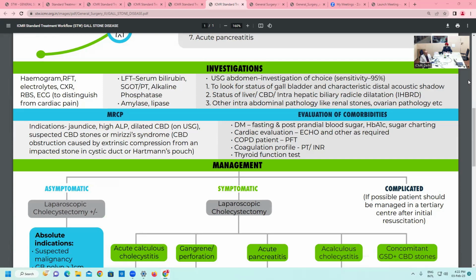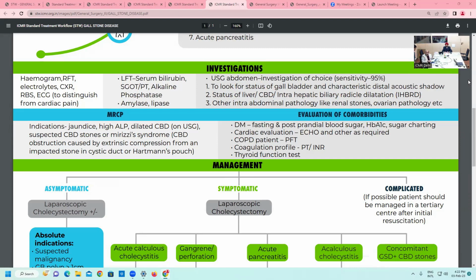The various investigations we must do in these patients are the routine hemogram, renal function tests, and electrolytes. Because this surgery, cholecystectomy, has to be primarily done under general anesthesia, the patient should also undergo a chest X-ray and ECG to rule out any cardiac problems or to differentiate from cardiac pain.